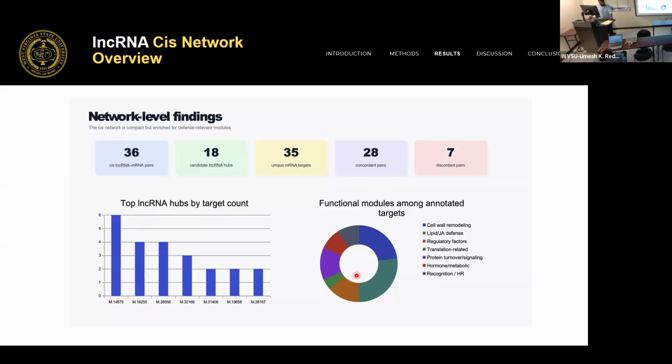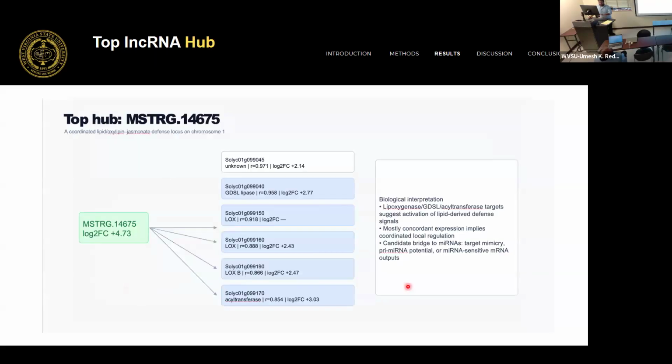Annotating them, they are mainly associated with cell wall remodeling and lipid and jasmonic acid defense, which I will cover in a bit. This LNC RNA, which I am focusing on, controls 6 genes in a 100 kb window.